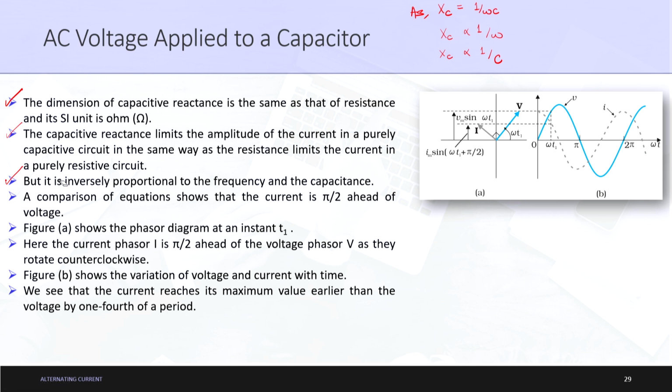Next, a comparison of the equations shows that the current is pi by 2 ahead of voltage. As V is equal to V m sin omega t, and the current which we got was I m sin of (omega t plus pi by 2), you can see clearly that if we draw the voltage phasor, we draw the current phasor in front of it, because this time the current is pi by 2 ahead of voltage.